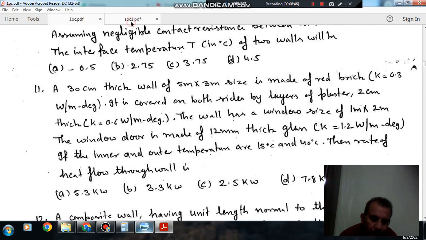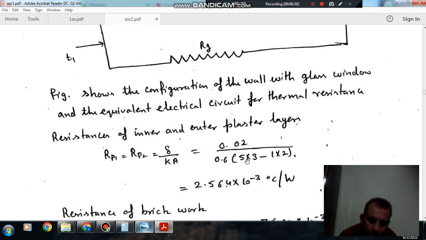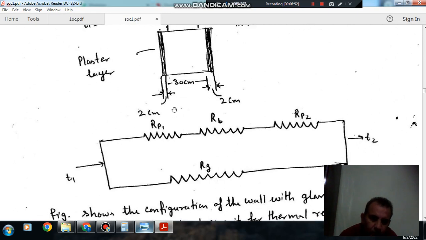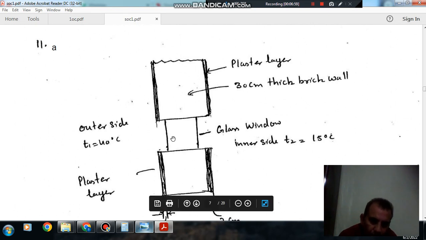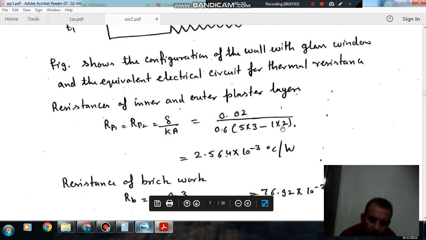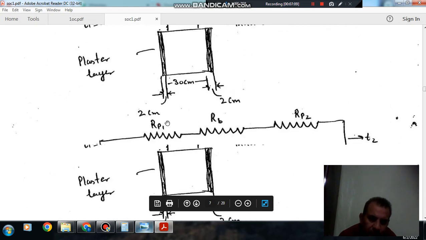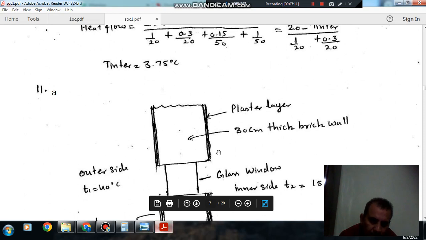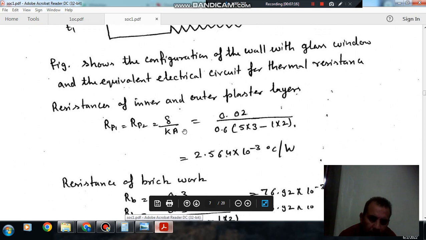The area of this portion is, because the total area of the wall is 5 into 3, and we will subtract the area of the window, so the area will be 5 into 3 minus 1 into 2. The area of the window is 1 into 2. As this material is the same, this is RP1 and RP2.